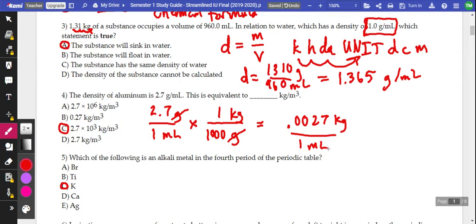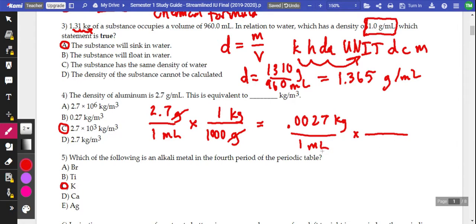Now the big reason why I'm keeping the milliliters on the bottom is so that we can convert that into something else. Something that I would recommend having ingrained into your brain is that a milliliter is the same as a cubic centimeter. If I'm trying to get rid of milliliters and I want it to cancel out, usually when I want stuff to cancel, I want it on the bottom.